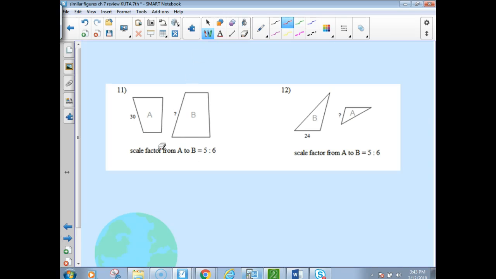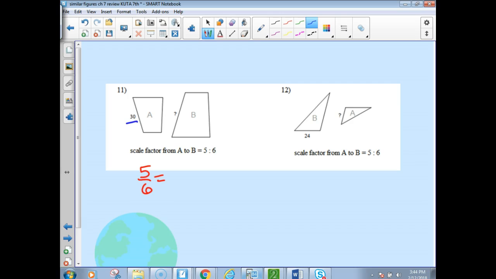Number 11 says the scale factor from A to B is 5 to 6. It's almost like you might as well have a side that's 5 and a side that's 6 on the other figure. So you could even think of it like this. That's not what they're saying. Nobody said those sides are 5 and 6, but you could use this. The scale factor of 5 to 6 is equal to, the scale factor comes from the first figure to the second figure because it says A to B. So I want to compare A to B in my next ratio.